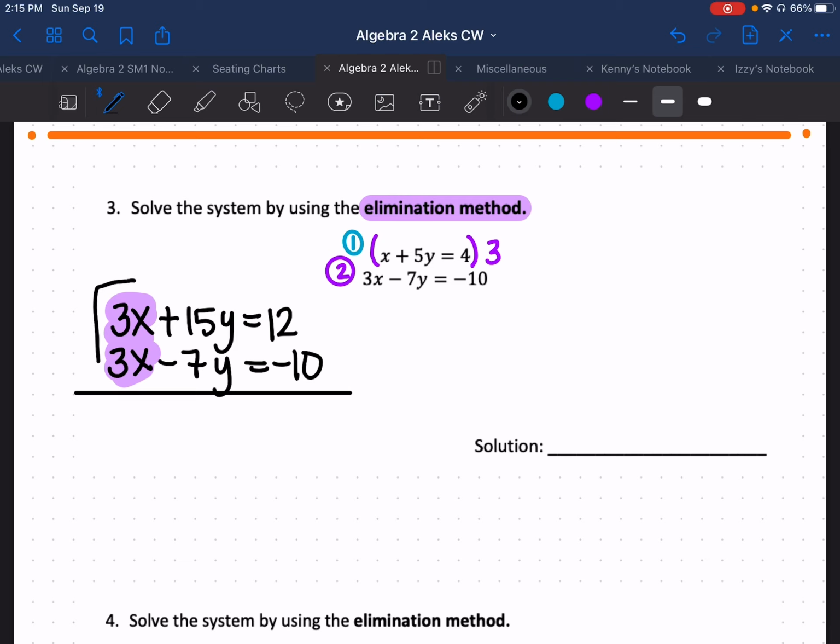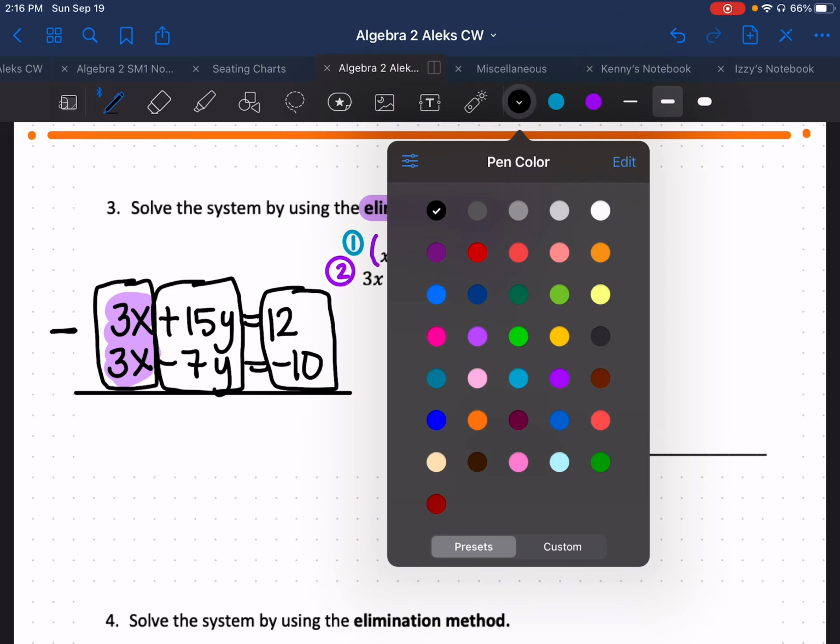So to get rid of and eliminate my x's, I am going to subtract. If I'm going to subtract them, then I must subtract my y's and I must subtract my constants. Everybody's going to get subtracted.